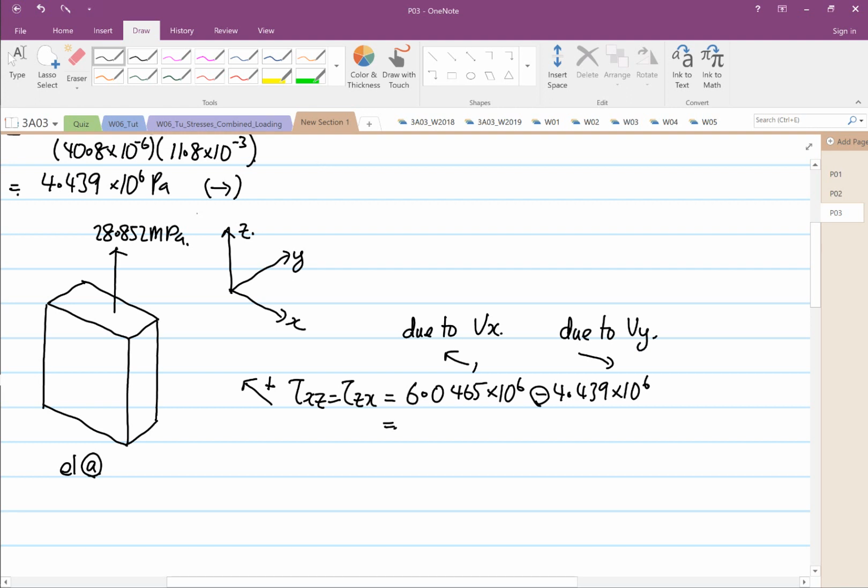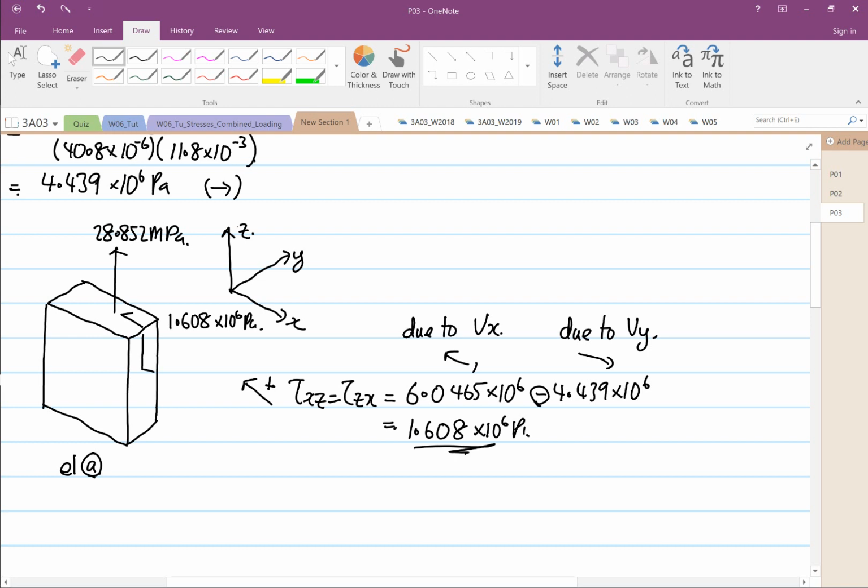So the outcome of this, 6.0465 minus 4.439, is equal to 1.6075 times 10 to the power 6 Pascal, going in this direction. Okay, sorry, this is a shear arrow, not normal stress. So the shear is in this direction, 1.608 times 10 to the power 6 Pascal.